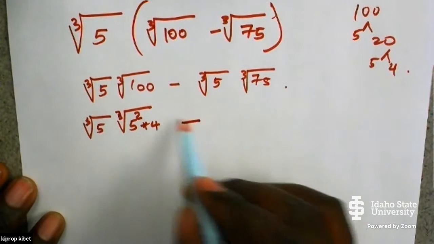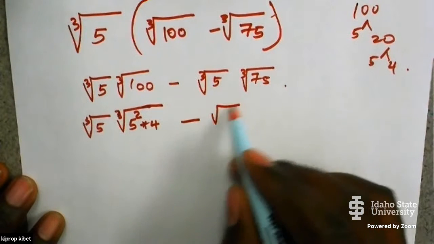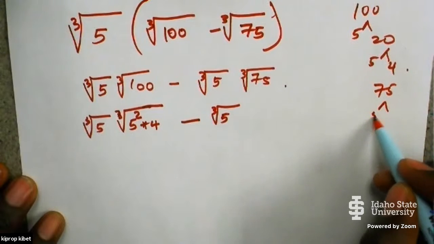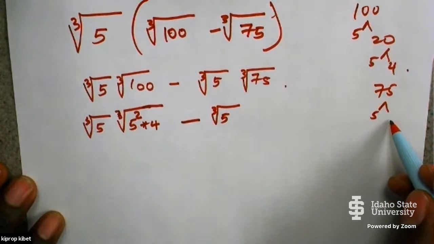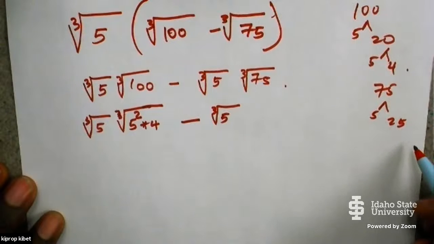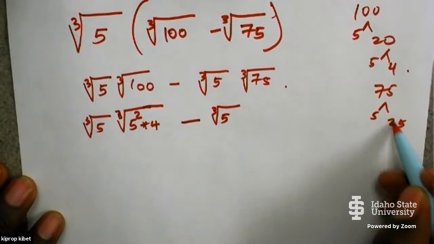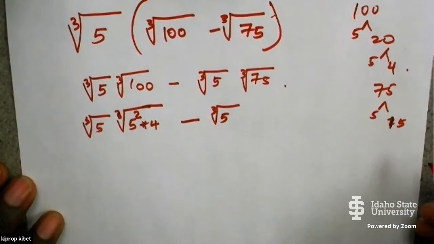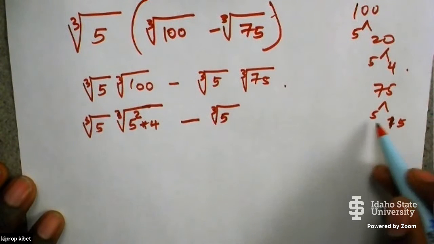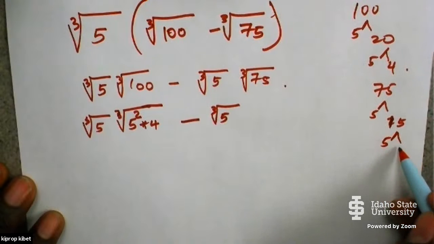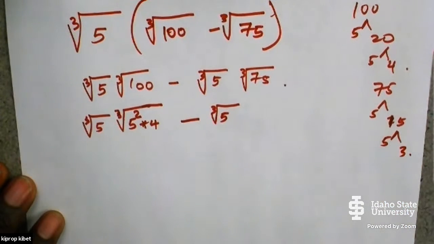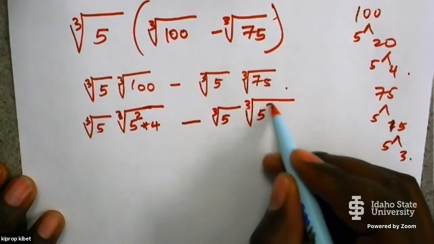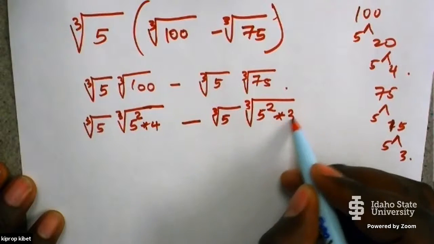Then minus the cube root of 5. How many 5s are in 75? 5 times 15 is 75. So 5 times 3. So the cube root of 5 squared, that's 3.